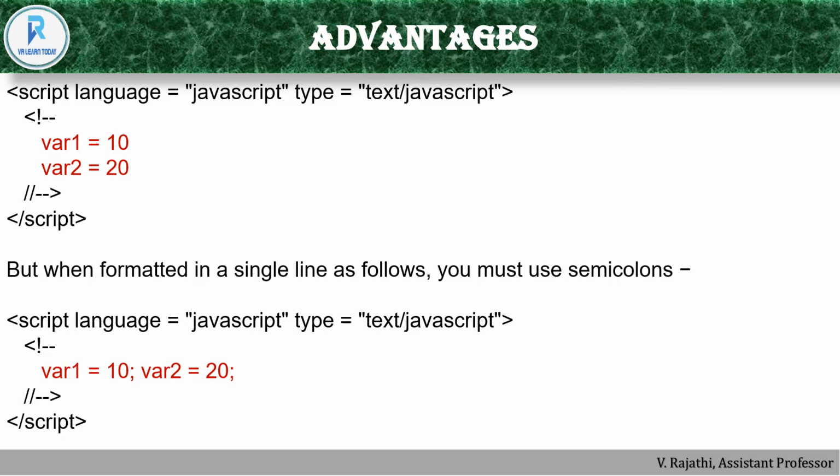Here I am giving two types of examples. In the first, you see the highlighted lines, var1 equal to 10, var2 equal to 20. I am not using the semicolon here, but it works. But when formatted on a single line as follows, you must use a semicolon. If I give var1 equal to 10 and var2 equal to 20 in a single line, then we have to use a semicolon.